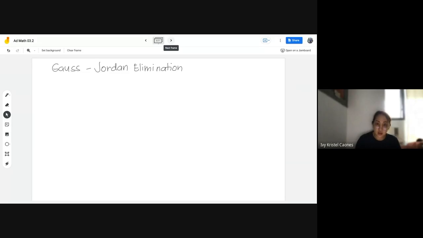So that is the pattern here in Gauss-Jordan elimination: identity matrix, then the answer is already there. So that means whatever value you get on this part will be equivalent to the variables. Right? This is x, this is your variable y, and this is your variable z.